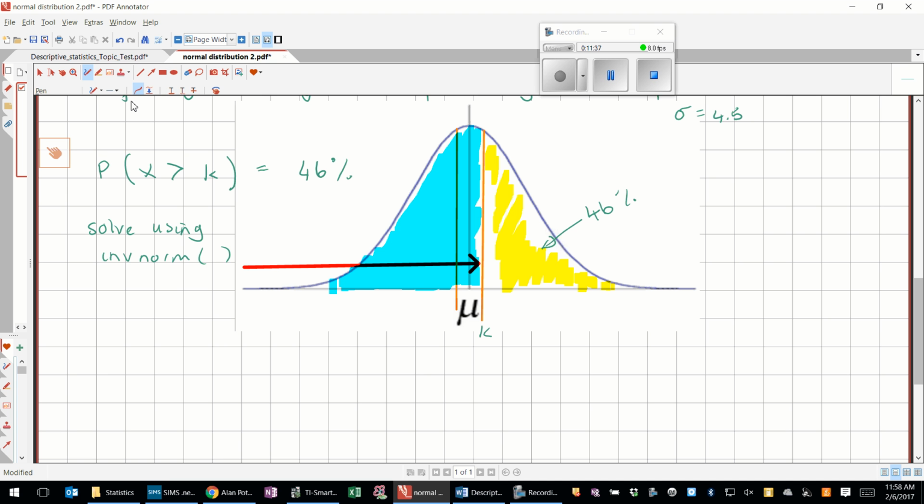You should take away. Yeah. The calculator won't give me the 46 above. If I did 46, it would give me this value here, which I don't want. I need to go all the way up to k. So instead of working out 46%, what do I need to work out? 100 minus 46? So this region would be 100 minus 46, which equals 54. So I need to work out 54%, not 46%.